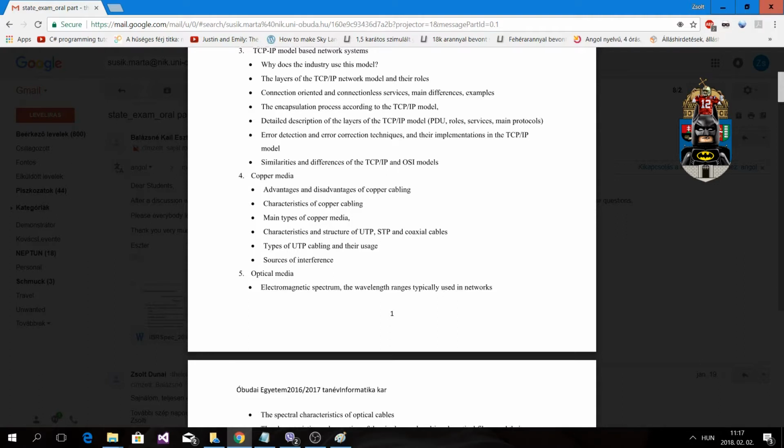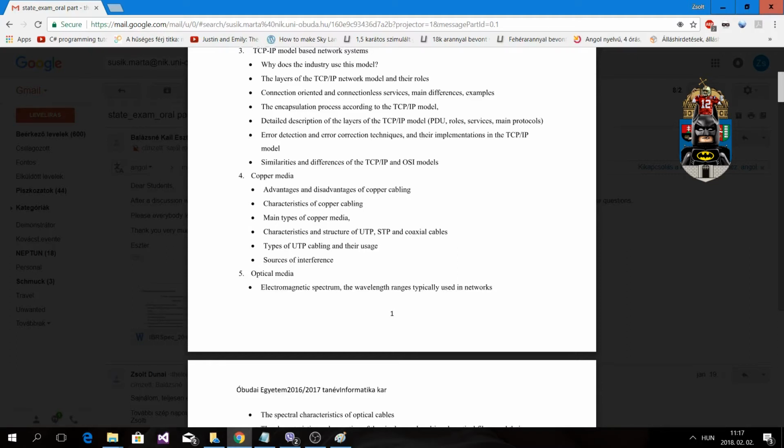These are the types, and the sources of interference are quite simple. Because we are having a lot of cables, these cables will cause interference, radio and electromagnetic interference, and crosstalk will appear. You can talk about crosstalk here, one word, one sentence if you want. They came out with a new design where they are using cancellation.